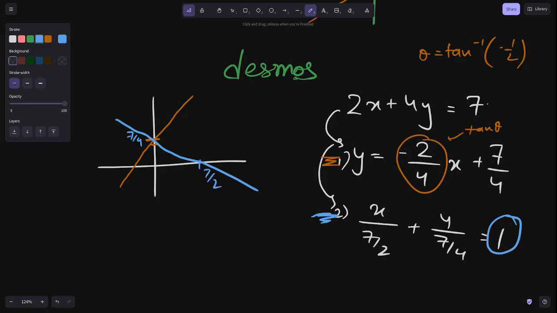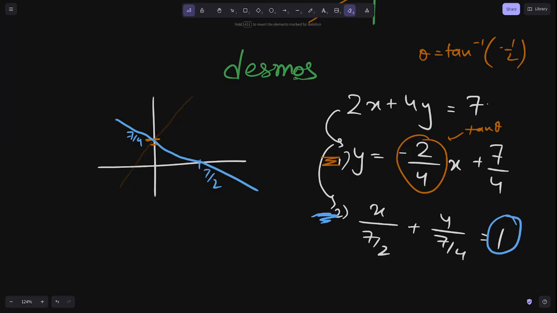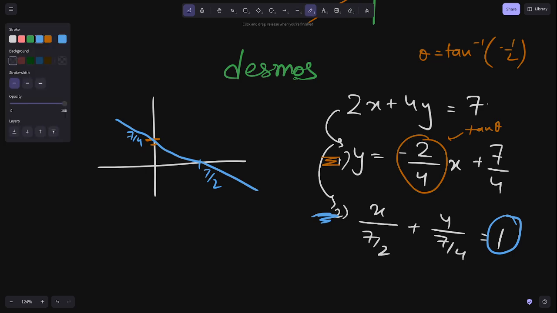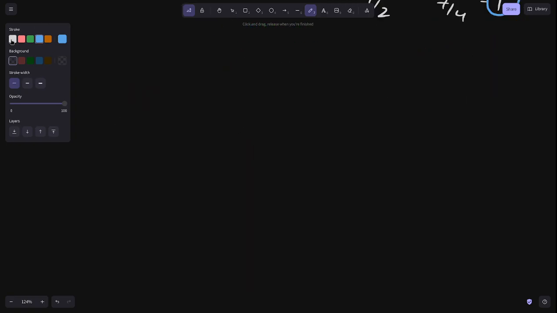So this one is wrong, and we will tell why it was wrong, my bad. Since it's minus, the tan will be in this direction, so it will be something in this direction only. So my mistake, this is how you can draw linear graphs.